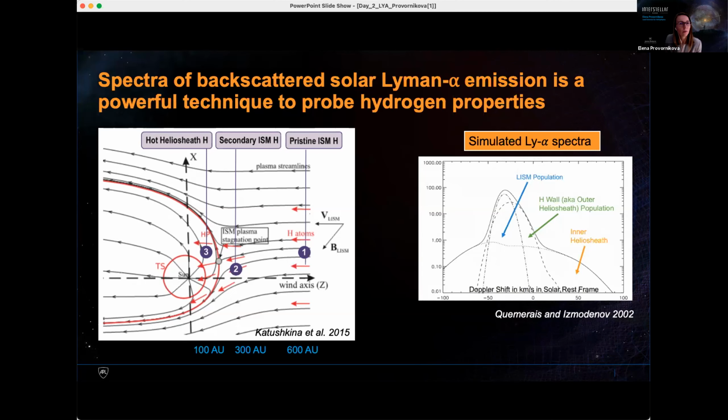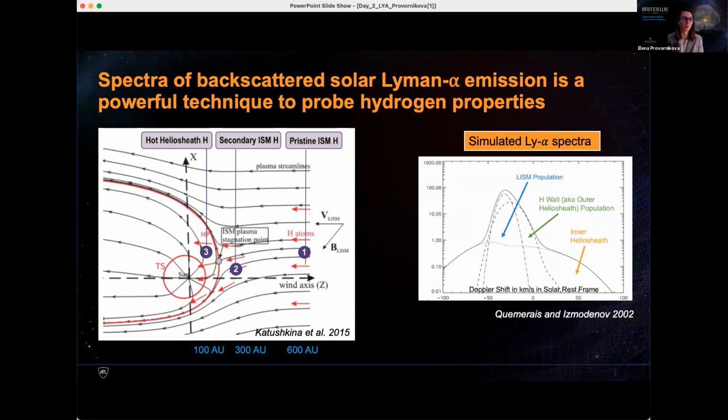And here on the right, you see the line profile, and this is the simulation. This is a simulated Lyman-alpha line profile for the observer at 1 AU. So you're sitting at Earth, you're looking toward the nose of the heliosphere, and this is what the model predicts for the observation of the line profile. And you can see how different populations of hydrogen atoms contribute to this line shape. So you see the dash dot line.